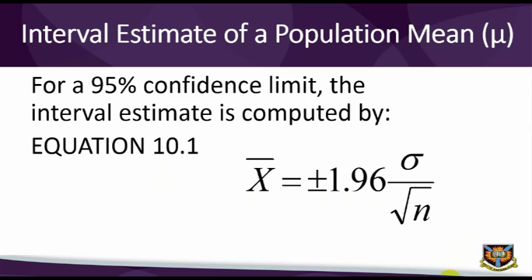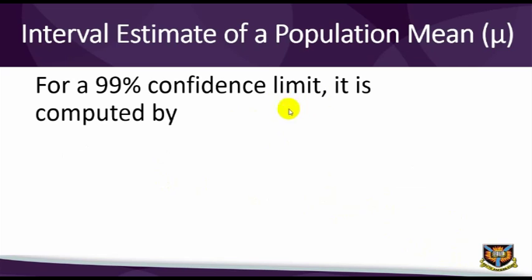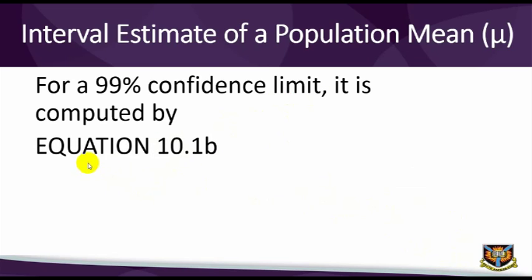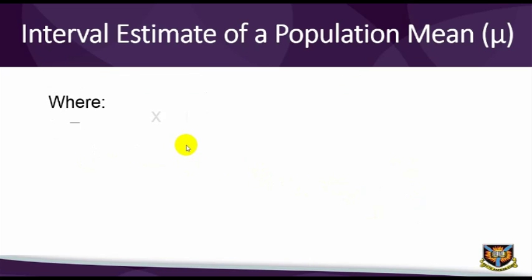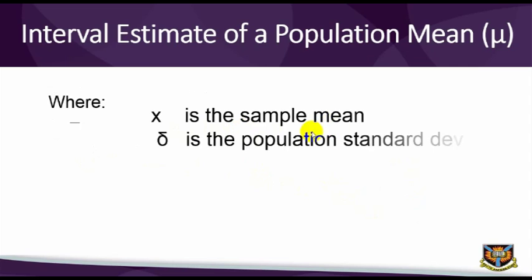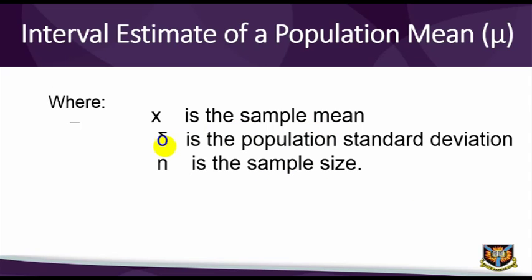And for a 99% confidence limit, it is computed by x bar plus or minus 2.58 sigma over square root of n, equation 10.1b, where x bar is the sample mean, sigma is the population standard deviation, n is the sample size.